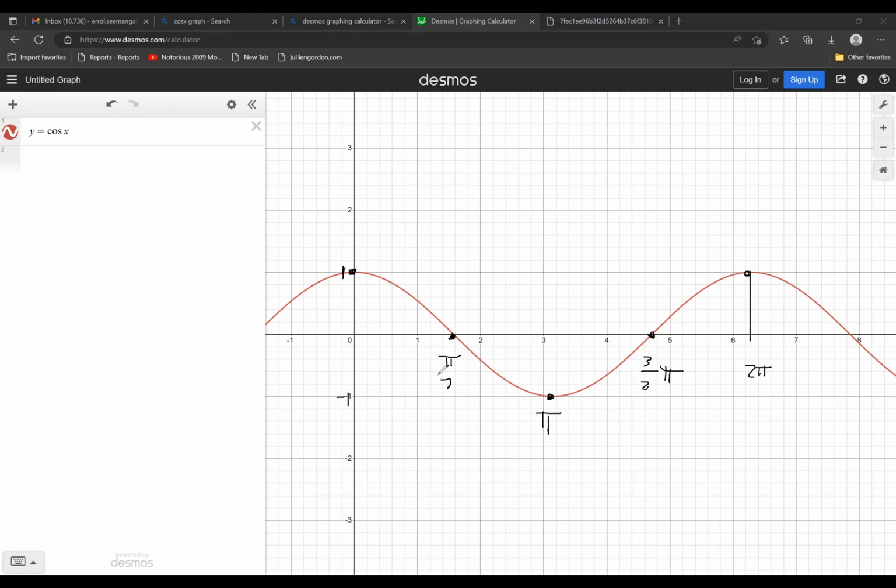There's your 5 key points. So now just sketch it like that. Okay. So it starts at 0, 1 and it ends at 0, 1. So it's a graph like this. Okay. All right. So that it has that general shape.